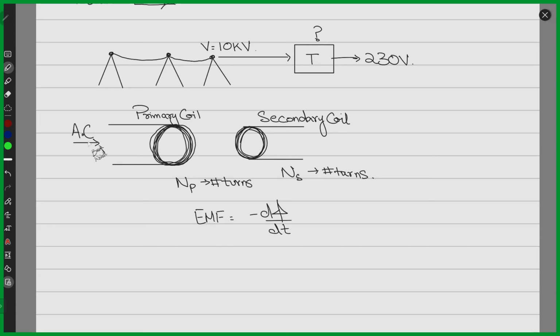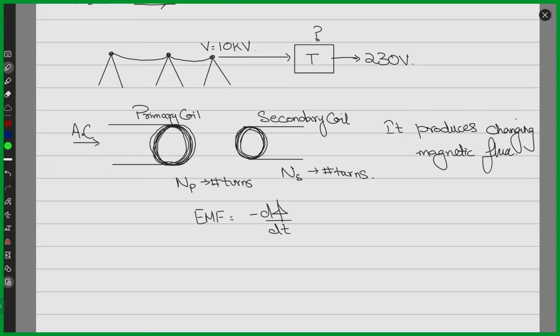Now, let me write this as: when you send AC through the coil, it produces a changing magnetic flux, or an alternating magnetic flux.